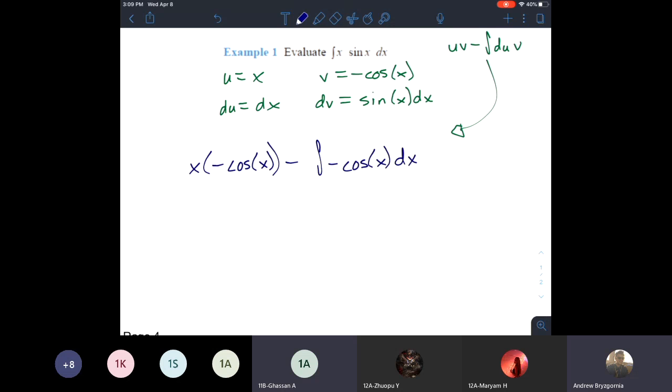And this looks a lot better than when we had u and dv switched. Because now we're able to integrate that integral at the end. And this turns into negative x cosine x plus the integral of cosine x dx. And there we go, we're done.